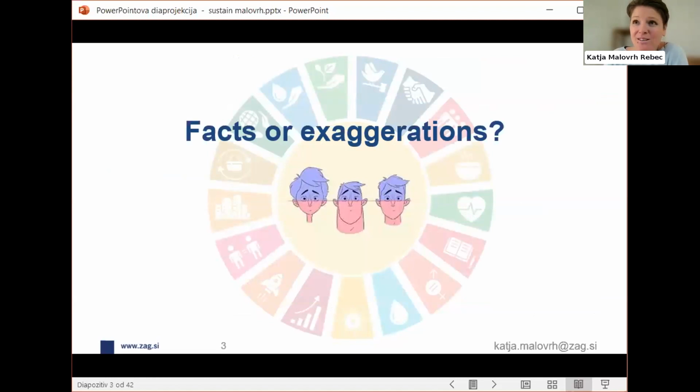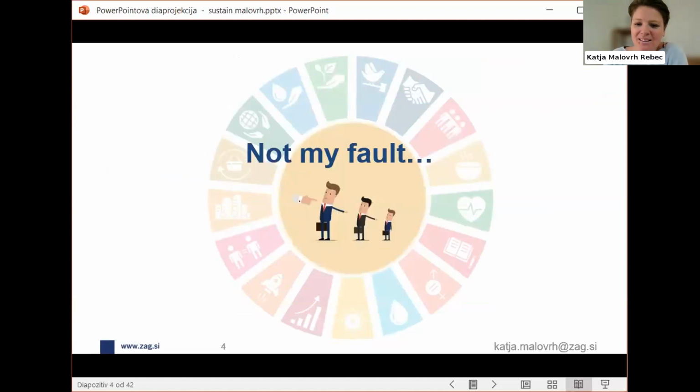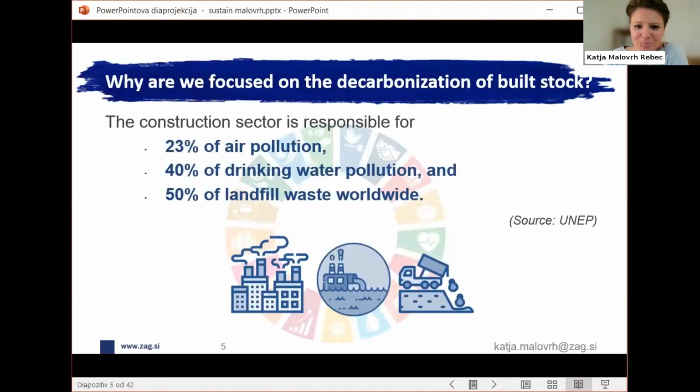As you know, environmental issues can sometimes be perceived as exaggerated, or there are fights between what are facts and what are not. And in the end, it sometimes just comes down to putting blame on others, which is possible due to not having reliable enough data.